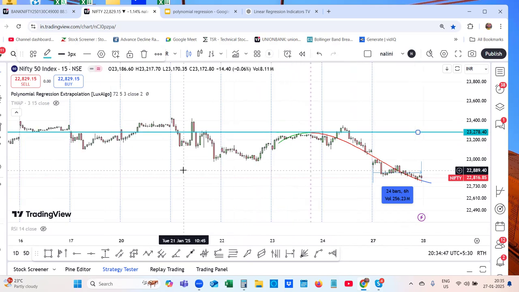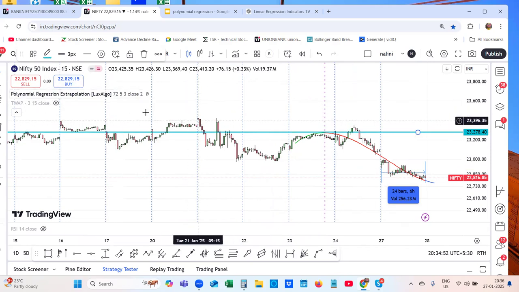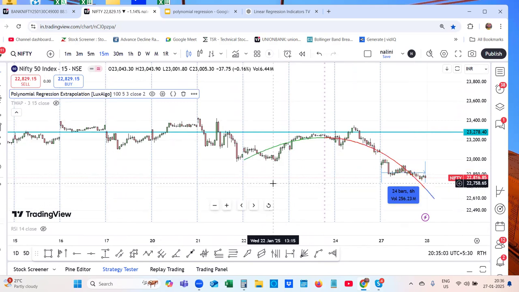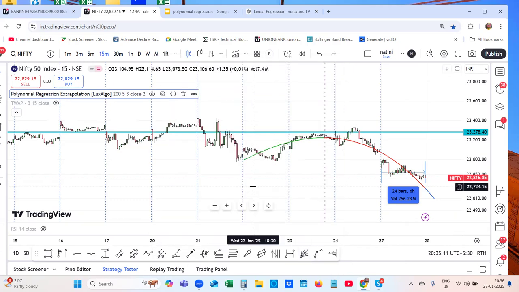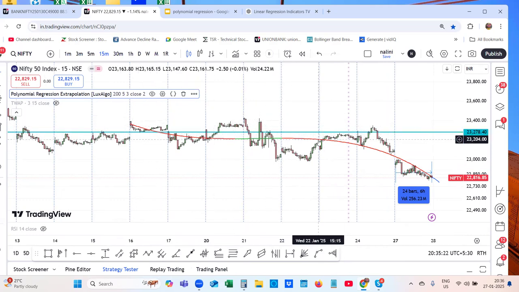When it rallied, you can go back even 100 candles. If you change it to 100, you will get 100 candles back. We can go further, 200. You can see the polynomial line has started flattening out, indicating weakness.